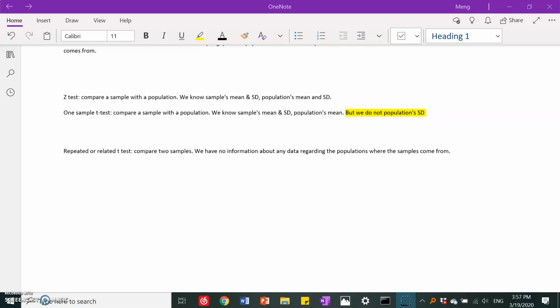In this situation, we have no information at all about any population where these two samples come from, right? So the only information we've got here is the means and the standard deviations for these two samples, okay? And the goal of this test is to test whether these two samples are coming from the same population or not, okay?